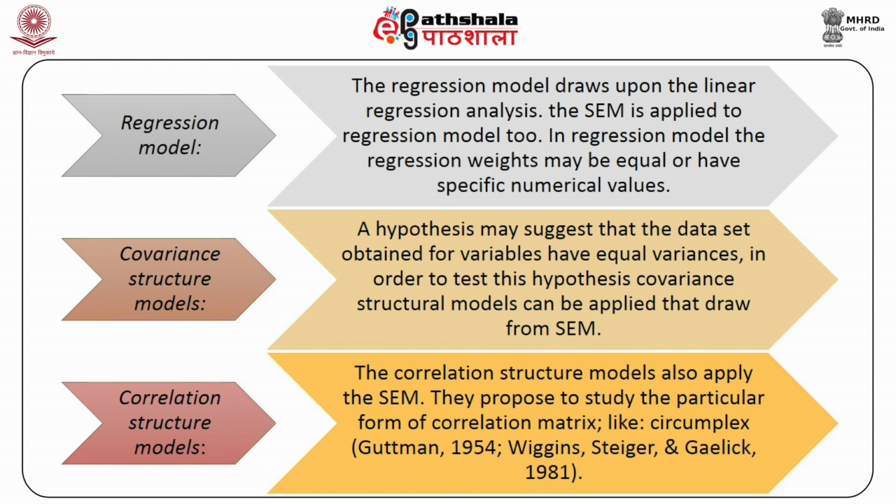The covariance structure models, which hypothesize that a covariance matrix has a particular form. For example, you can test the hypothesis that a set of variables all have equal variances with this procedure. The correlation structure models, which hypothesize that a correlation matrix has a particular form.